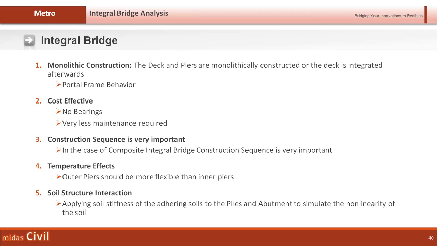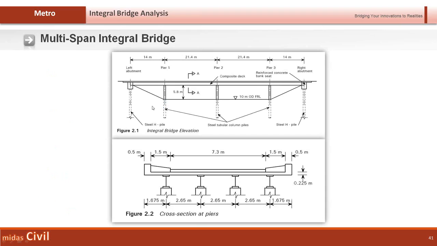So we need to have a proper soil structure interaction for the foundation that we give. The major integral bridge type will be somewhat like this, where the deck is more or less integrated with the piers. This is the common type of integral bridge.